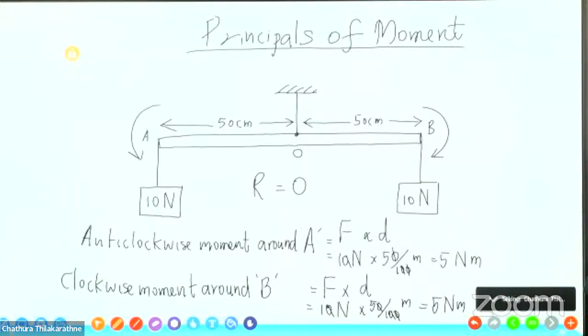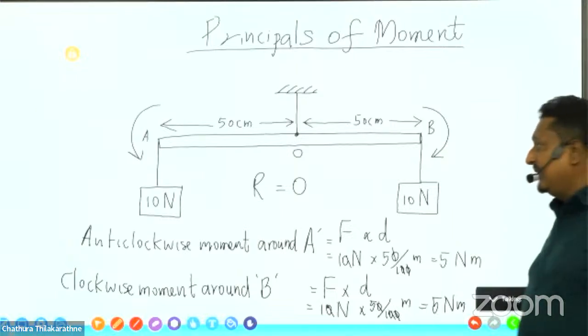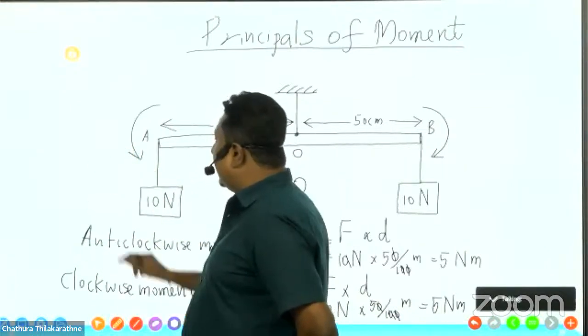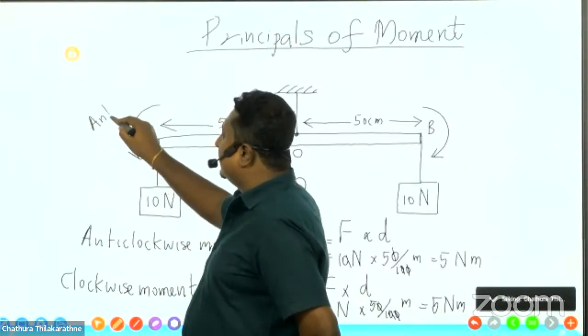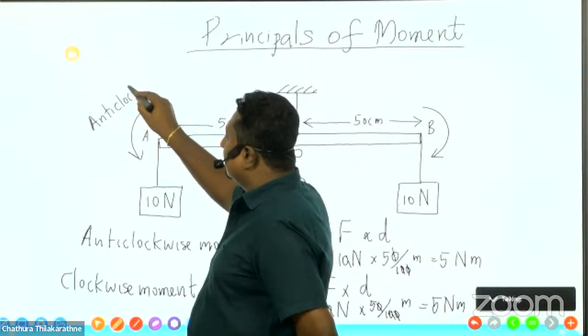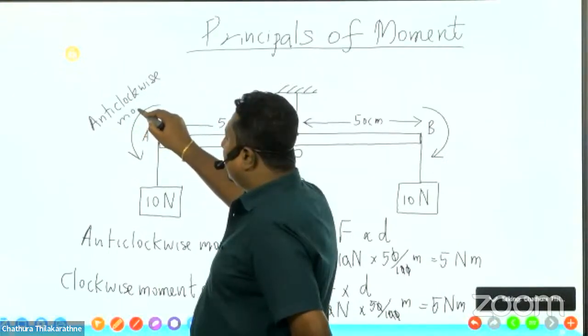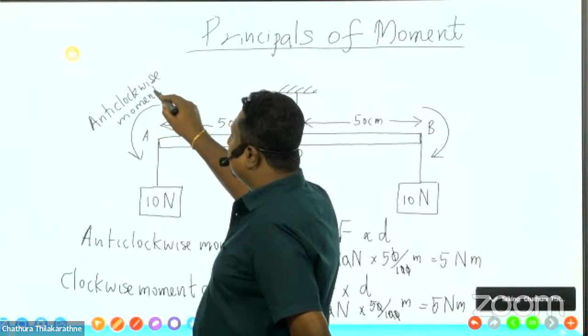Then the ruler gets an anti-clockwise moment.